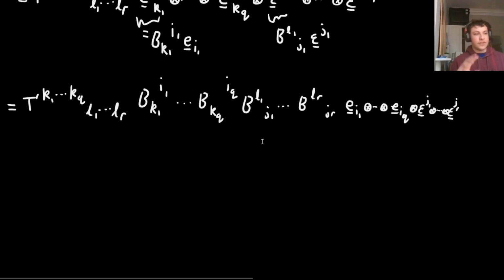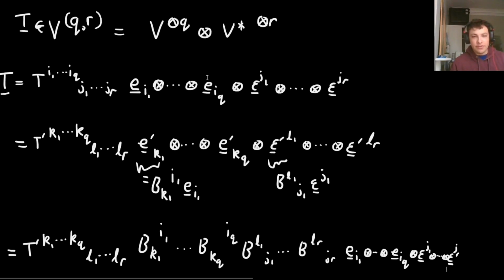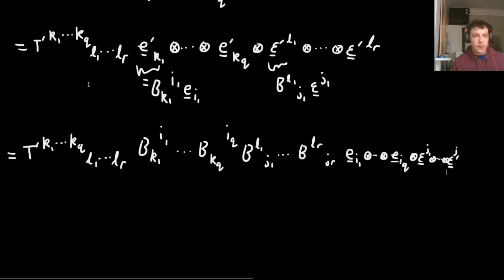Oh, it's massively on the screen on the video, but my whiteboard is slightly smaller. And then that means that because this is a basis, it's linearly independent, and so if this is equal to this, that means that the two components are equal.